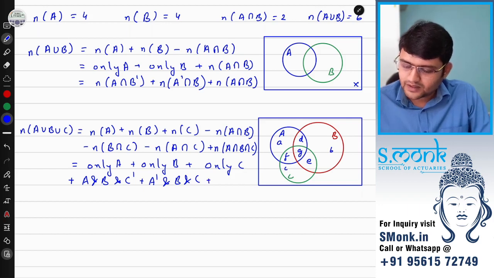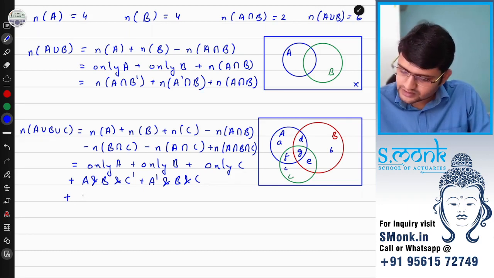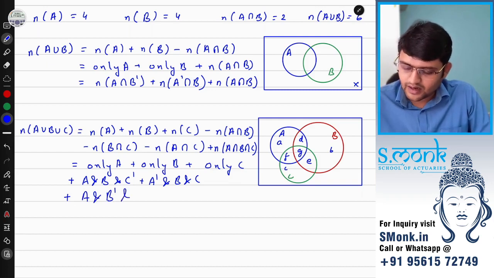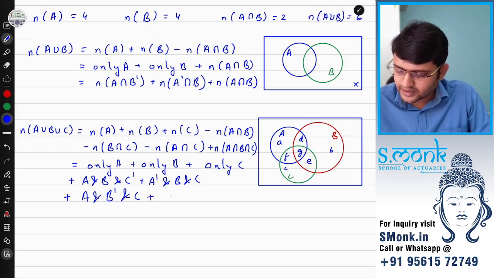Similarly, the F region is A and C but not B, so not B and C. And then we have the triple intersection.